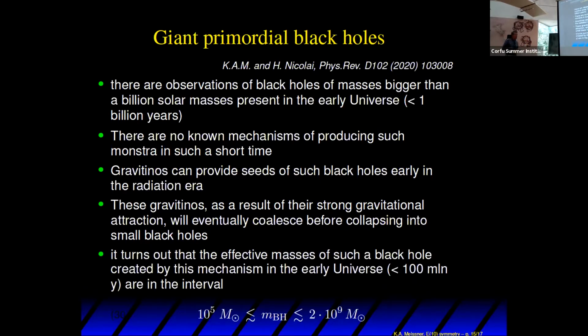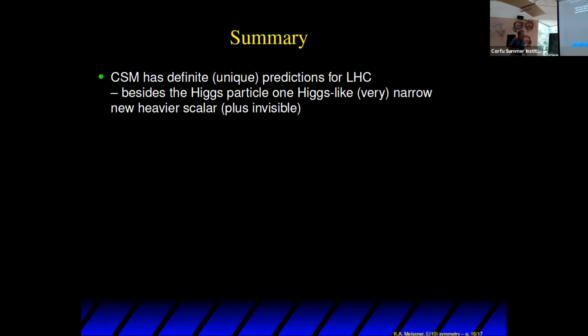It turns out that the effective masses of such black holes created by this mechanism, with seeds growing by the expansion of the universe, are in the interval 10 to the 5 solar masses up to 2 billion solar masses. So there should be a gap between the usual solar masses and the masses created by this mechanism. So let's go to the summary.